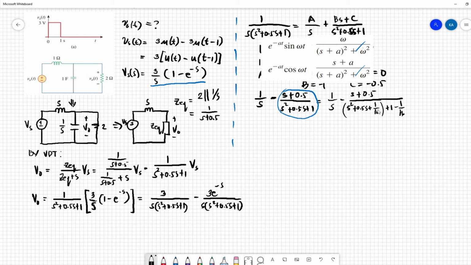We added 1 over 16, so we need to subtract also 1 over 16, to make the equation the same. Now this becomes 1 over s minus s plus 0.5 over s plus 1/4 squared plus 15 over 16. We need to add something here at the top, so we need to add 1/4 minus 1/4.